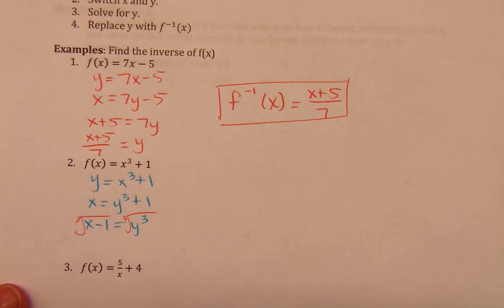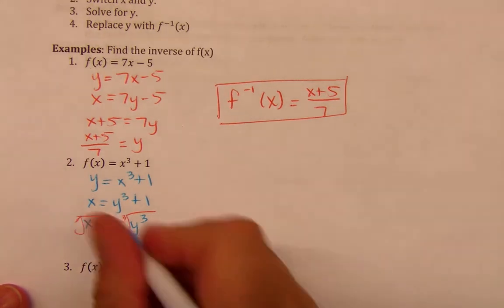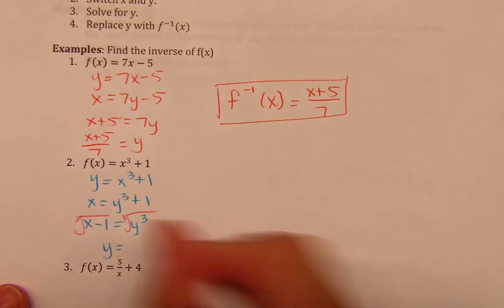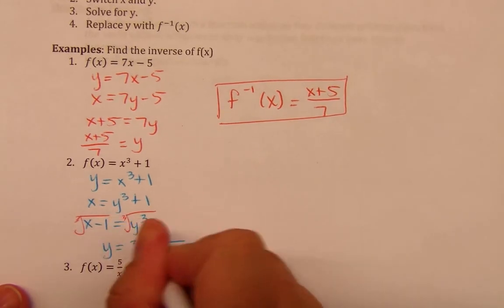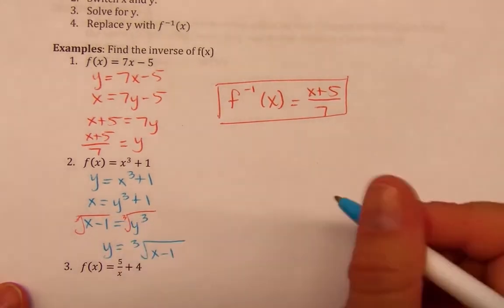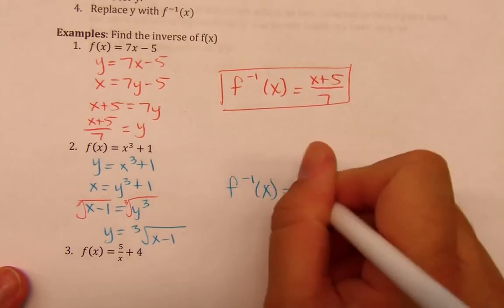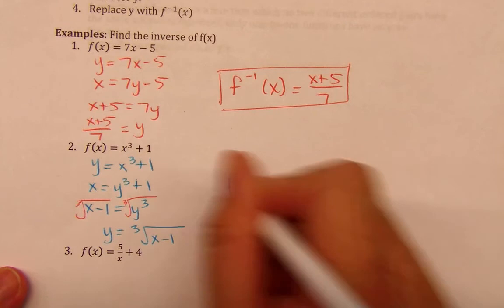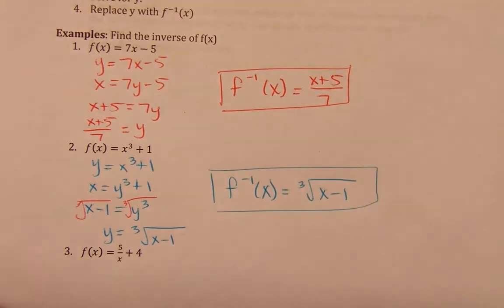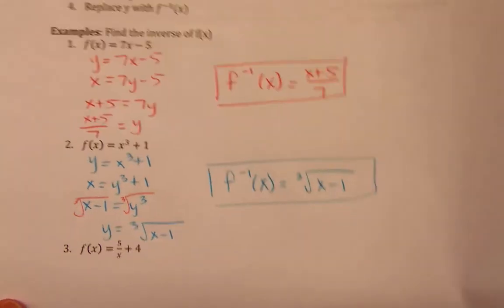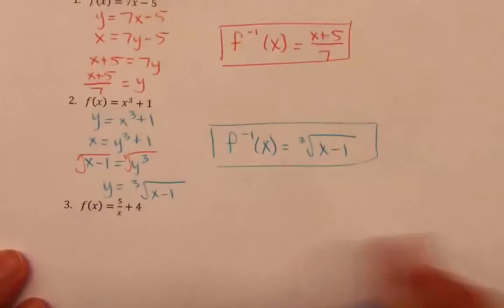But since 3 is odd, we're taking the cube root, we don't have to do the plus or minus. So I have y is equal to now the cube root of x minus 1, writing it back into function notation. We have inverse f of x is equal to the cube root of x minus 1.